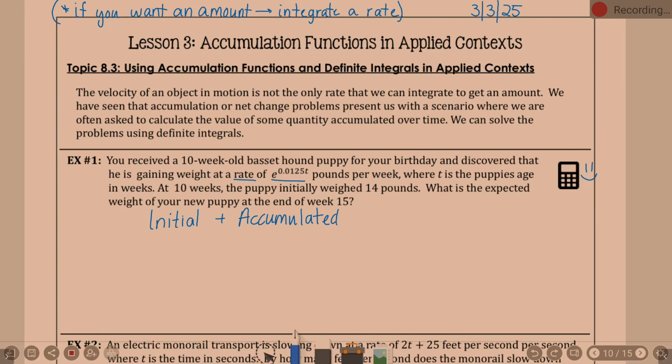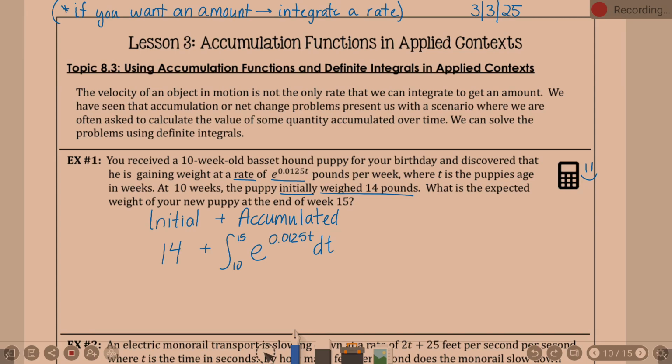The initial weight is 14 pounds, plus the accumulated weight: the integral from 10 weeks to 15 weeks of the rate, e to the 0.0125t dt.